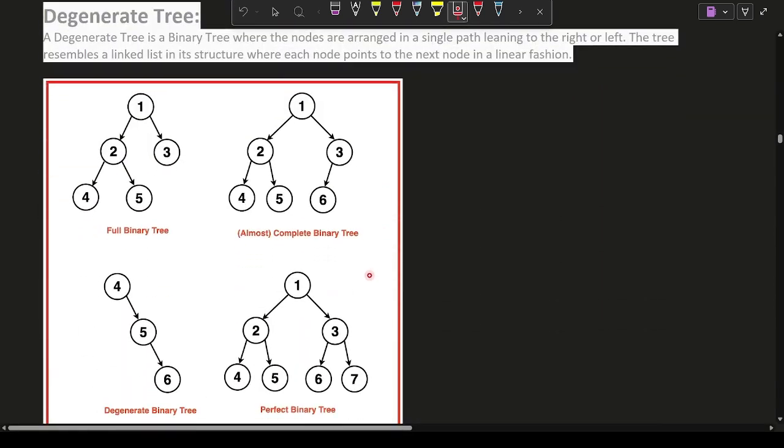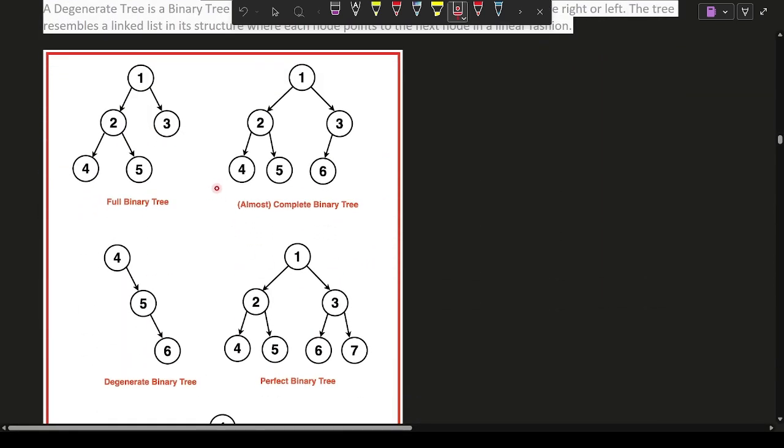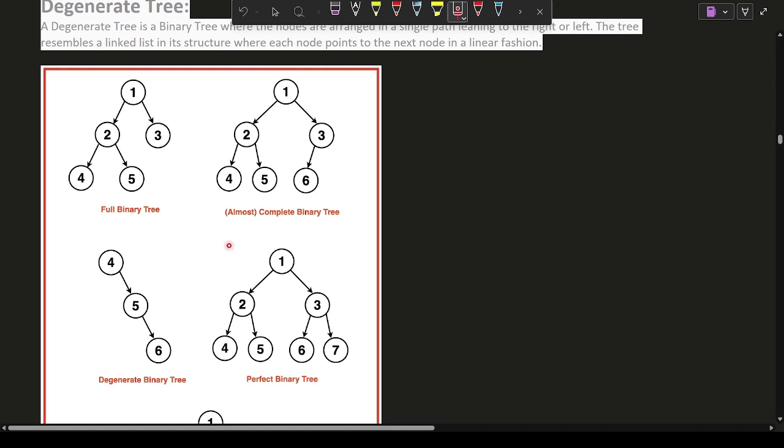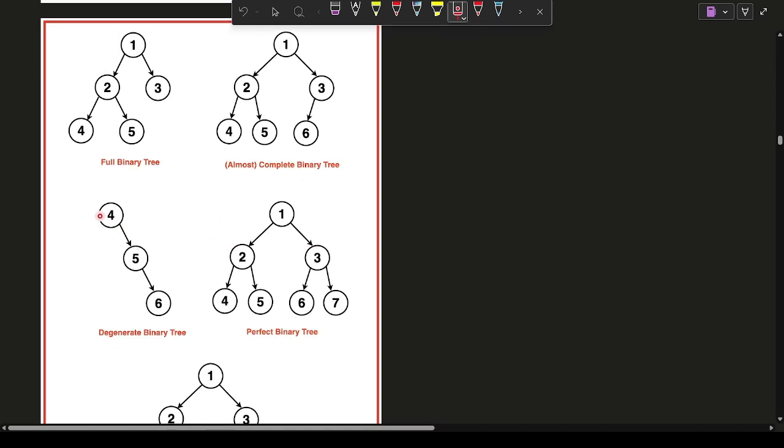And there is a degenerate tree, which we can also call skewed. Here the root is connected to either one side. This is more of a skewed tree.